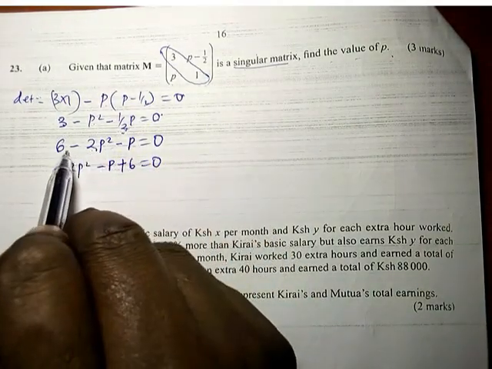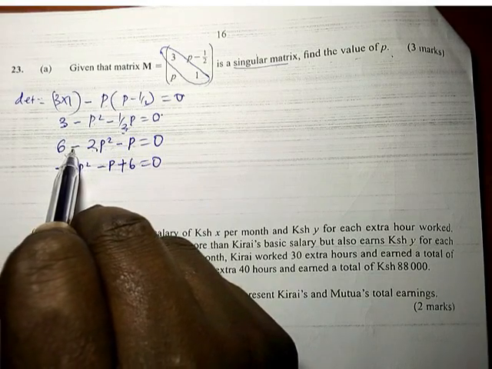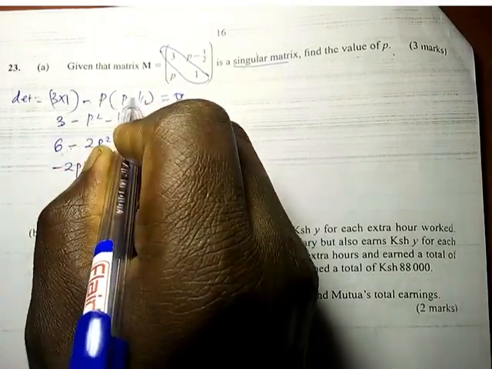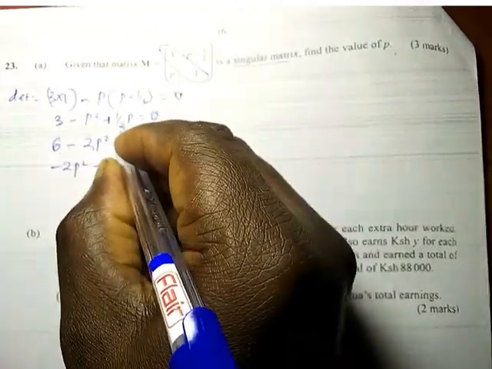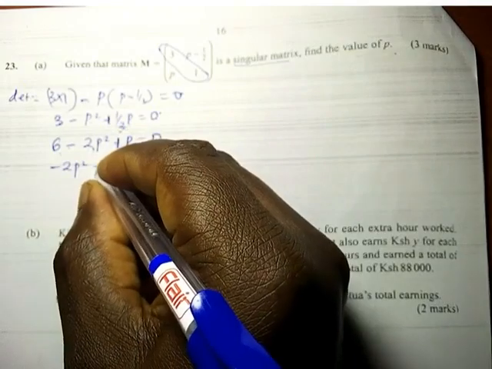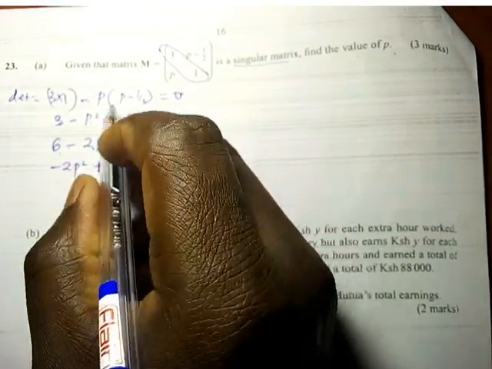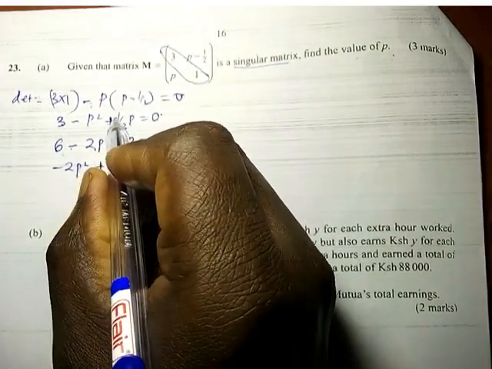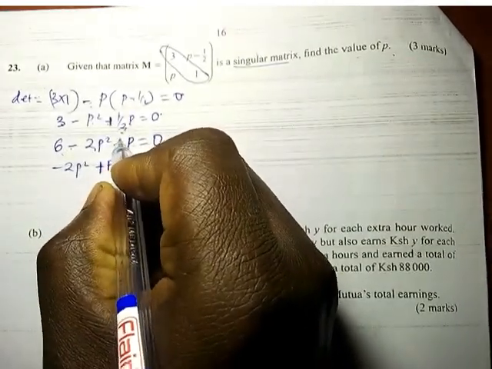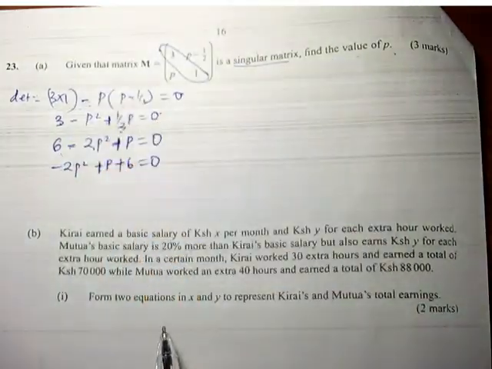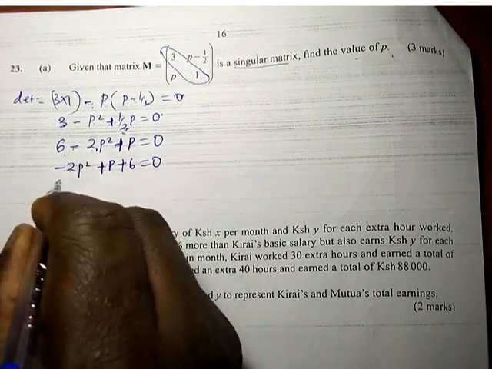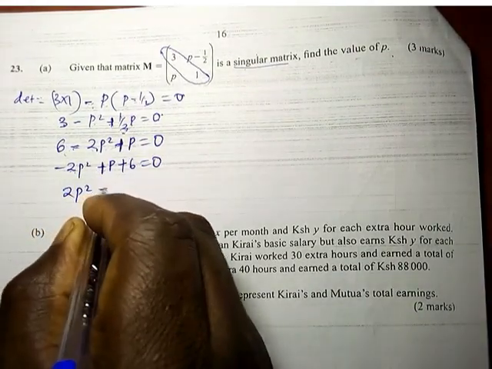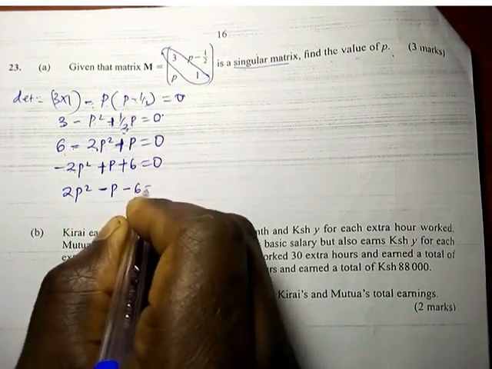Then we rearrange. Oh, this one is going to be positive. Negative P, this one is going to be positive. Negative P times negative a half, the answer is going to be positive a half P. So please note that. So I want to make this one positive. This will be positive 2P squared. This will be negative P, this will be negative 6 is equal to 0.